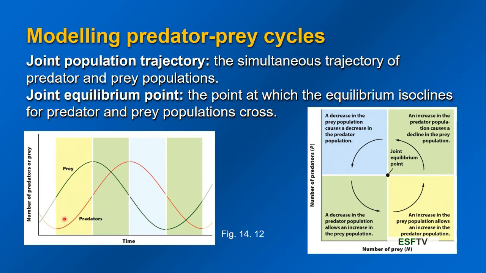All right, so you could see any sector in these classic wavy figures is represented in this beautiful model that Lotka-Volterra gave us. The joint population trajectory, and then there's this joint equilibrium point. There's no way they stay put.